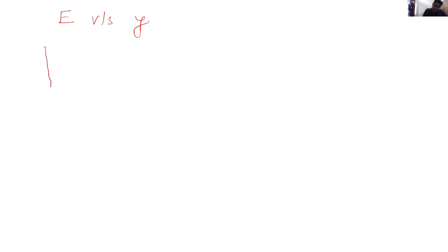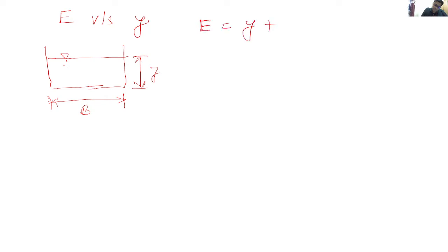Let us just take an open channel flow with a cross section as rectangular. Let us suppose y is its water depth and b is the width of that cross section. So we can write the specific energy as the summation of the water depth and the velocity head, right? We can also write the velocity as Q by A, that is the ratio between the discharge and the cross section, right?